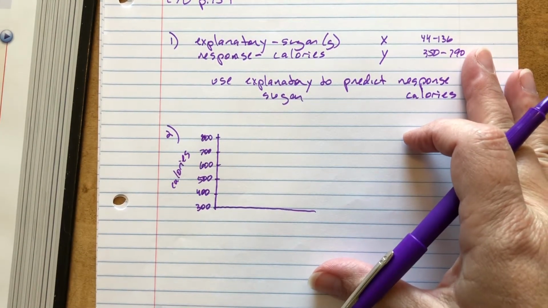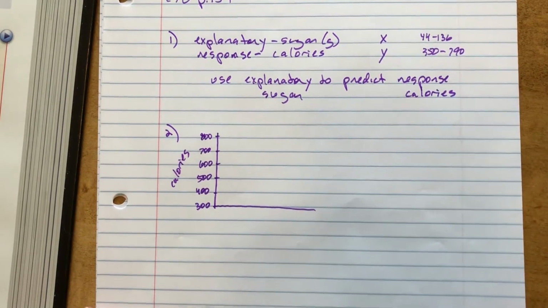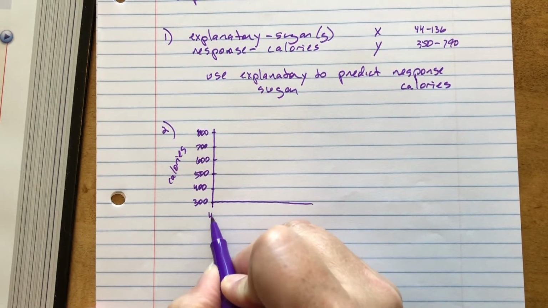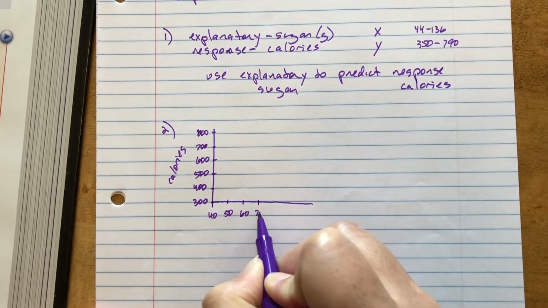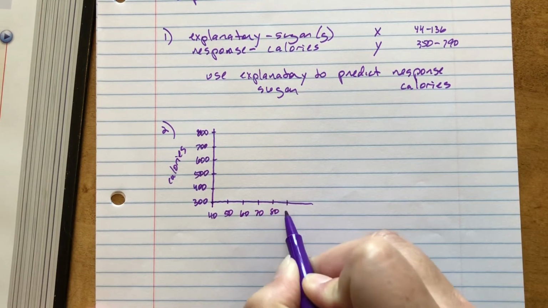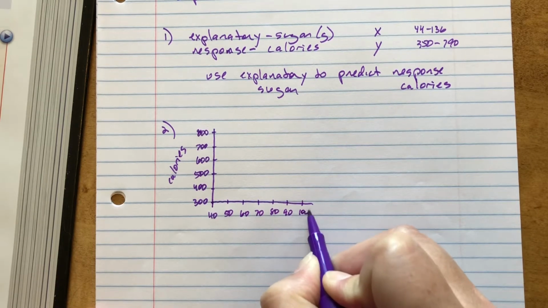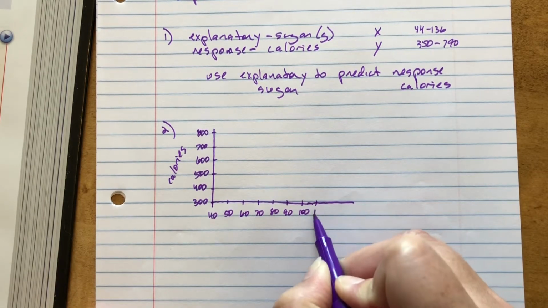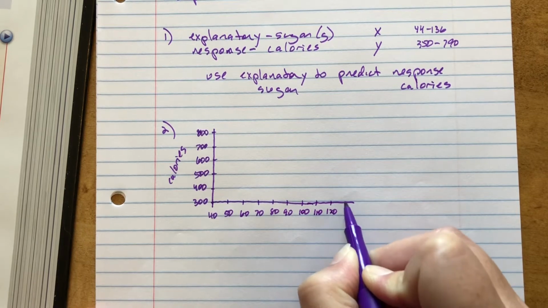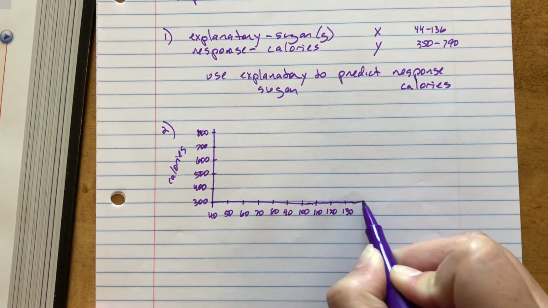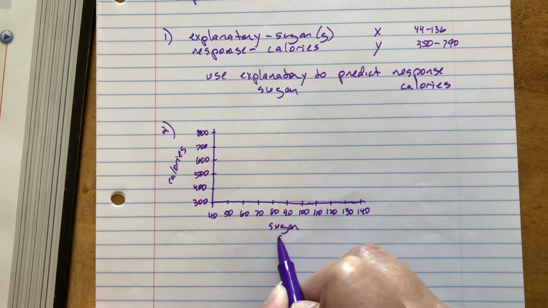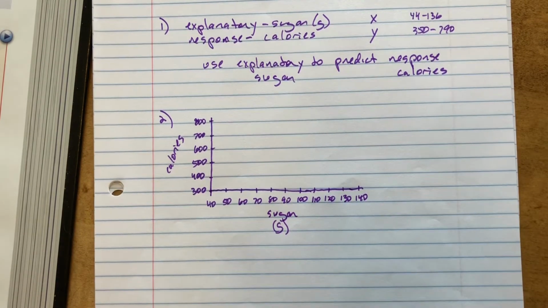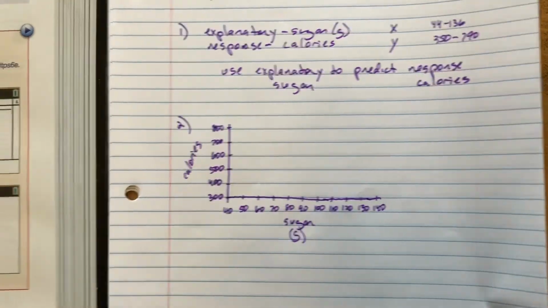From 40 to 140, and I'll go by tens. So 40, 50. And this is sugar in grams.